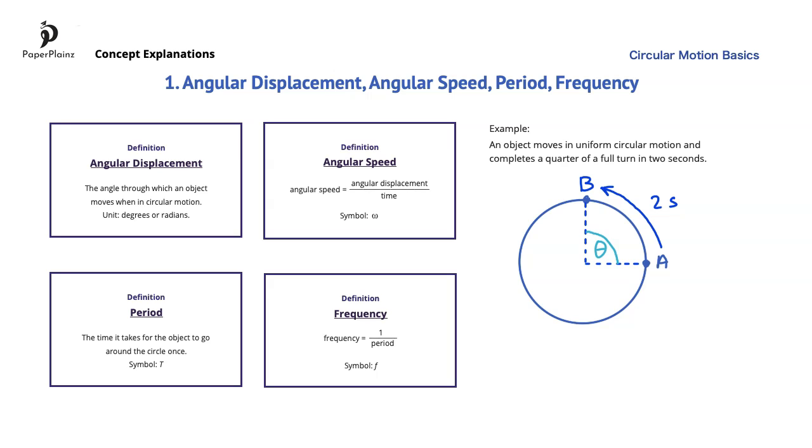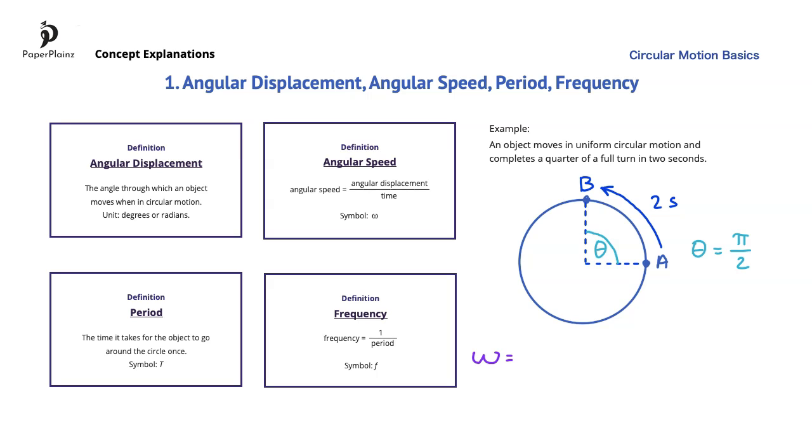Since the object completes a quarter of a full turn, theta is equal to 90 degrees or pi over 2. It is a bit more common to use radians in physics, so I will use radians here. The angular speed, omega, is equal to the angular displacement divided by time.